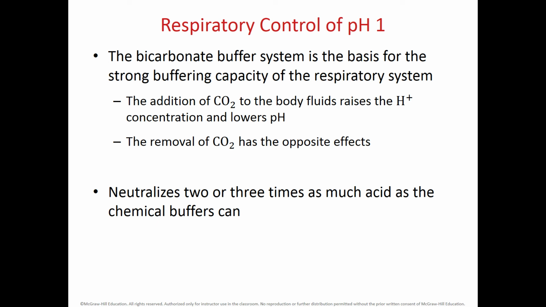When someone has alkalosis, okay, when someone is exhaling excess of CO2, you will hypoventilate, so you will retain CO2, and then you can lower the pH.